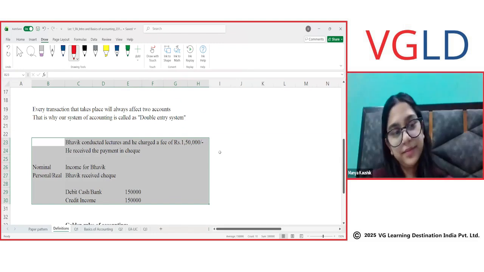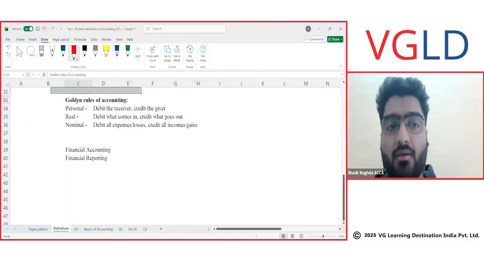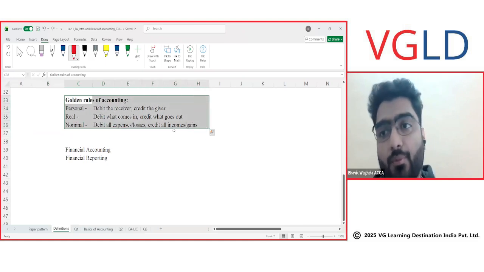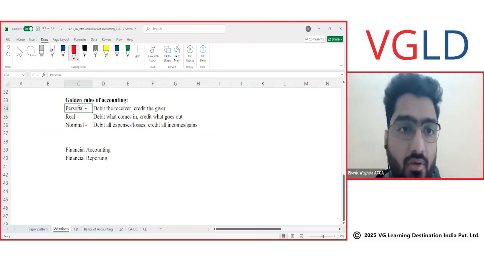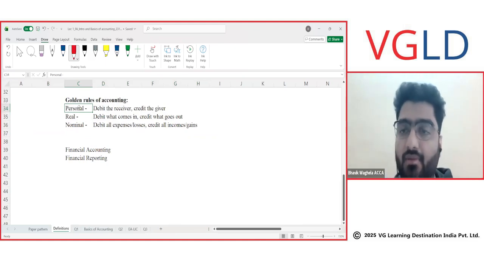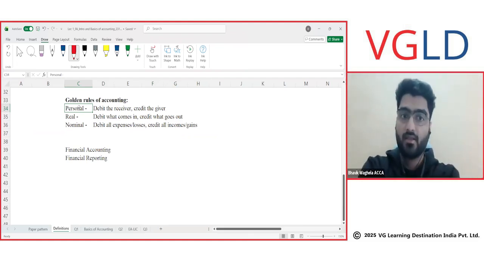Yes, sir. Now, guys, we have golden rules of accounting: personal, real, and nominal. For a personal account, the golden rule is debit the receiver, credit the giver. For a real account, the rule is debit what comes in, credit what goes out. And third, for a nominal account, debit all expenses and losses, credit all incomes and gains.